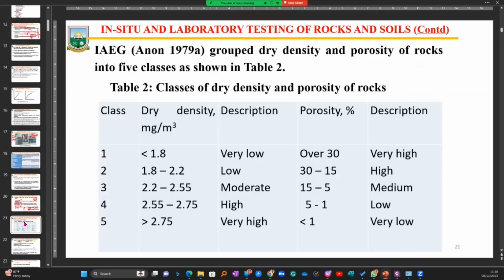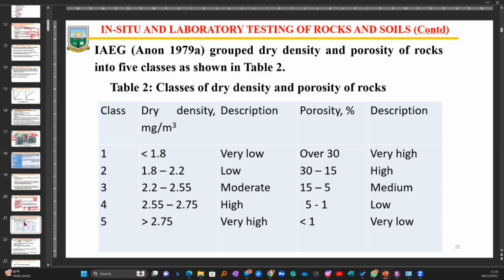The International Association of Engineering Geology tried to group some materials according to some of their physical properties, especially density and porosity. If I have a rock sample that has a very high porosity, porosity is a feature that can tell us whether the rock has more empty spaces and can take more fluid or not.